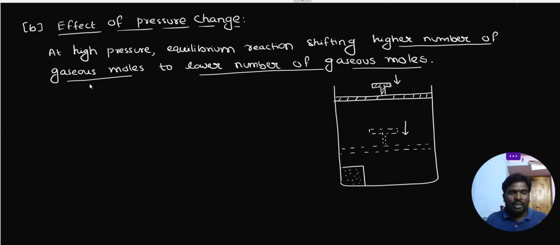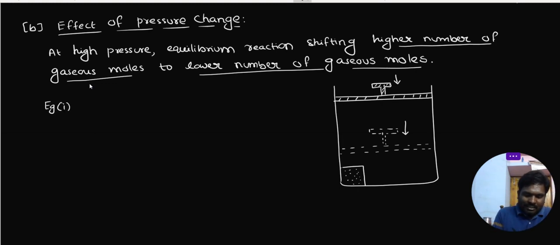Then per unit volume, more gaseous particles exist. So the equilibrium shifts from the higher number of gaseous moles to the lower number of gaseous moles. This is a completely imaginary process but important. So at high pressure, the equilibrium shifts from higher to lower gaseous moles because of the pressure applied to gas systems. Understood? Now, example 1. You will understand.